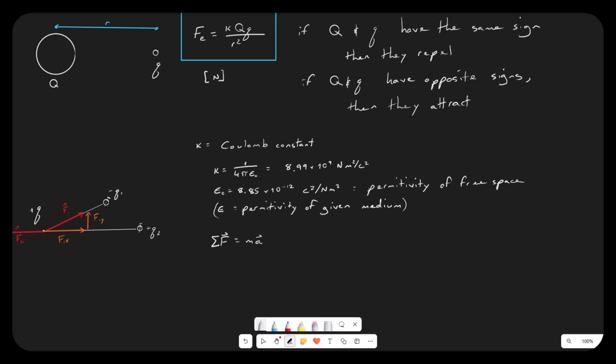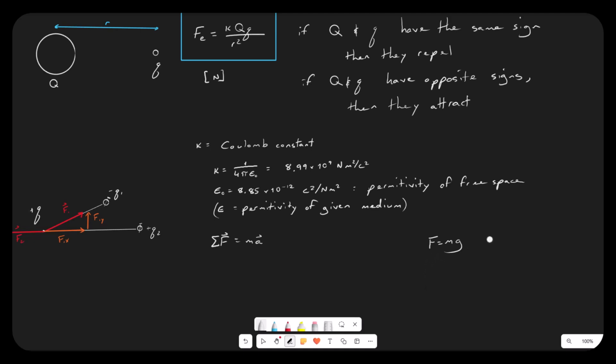The one thing to note that is going to be different than some of the forces that we've worked with, I mean, it's not different than the gravitational force, but it's been a minute since we've talked about forces, is that this force changes when we start moving things closer to each other or farther apart. So we've got a force that's not constant. When we did F equals mg for gravity near the surface of the Earth, that force was constant.